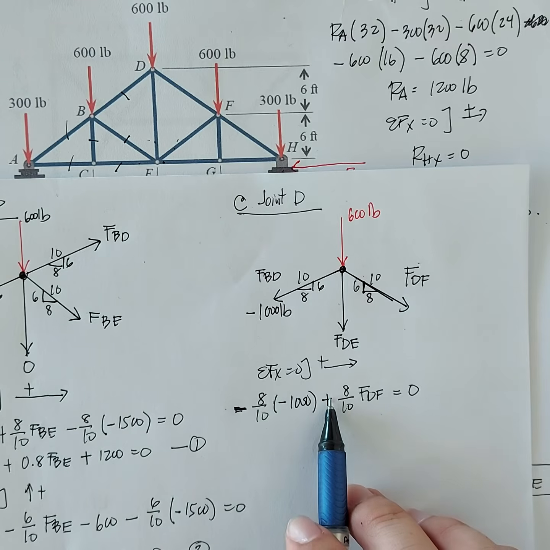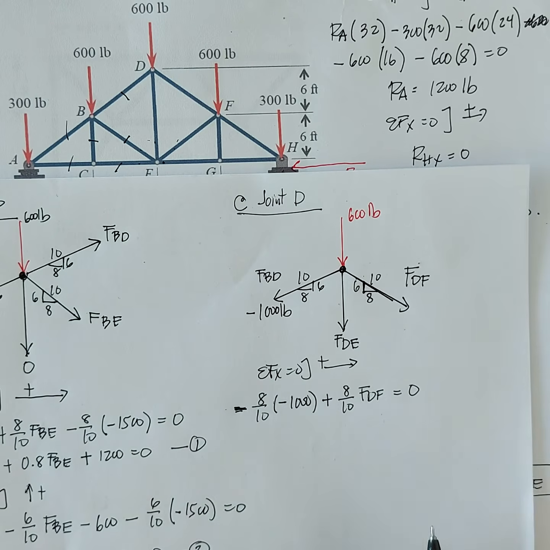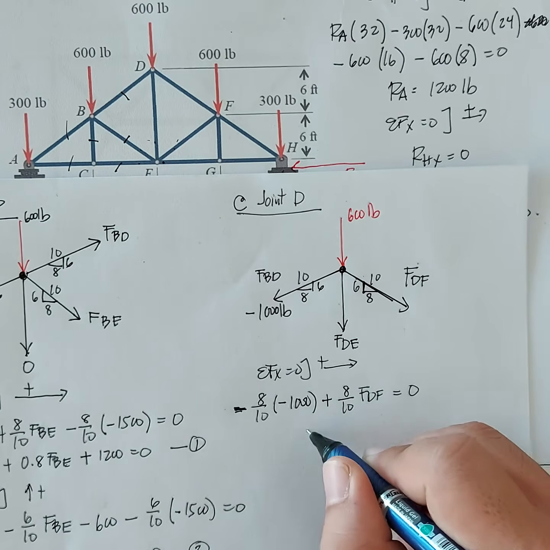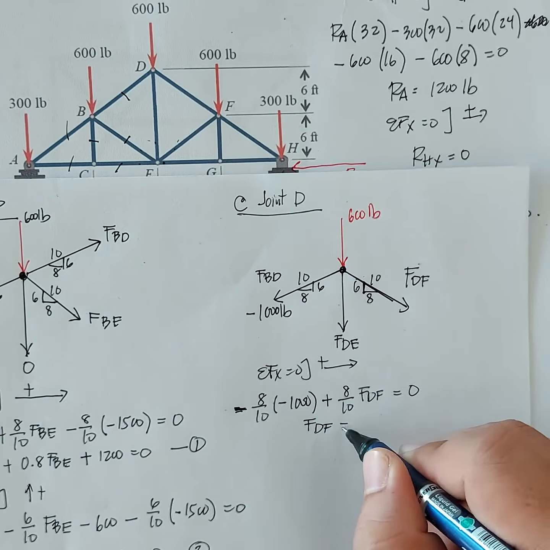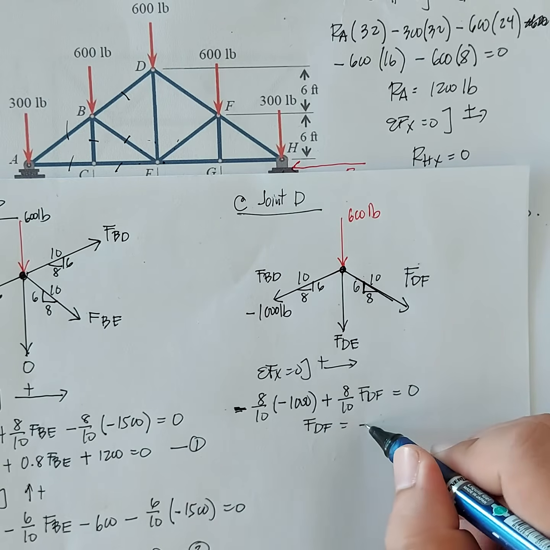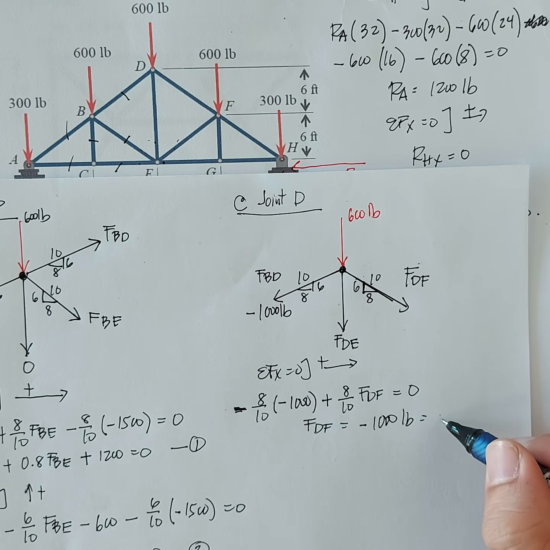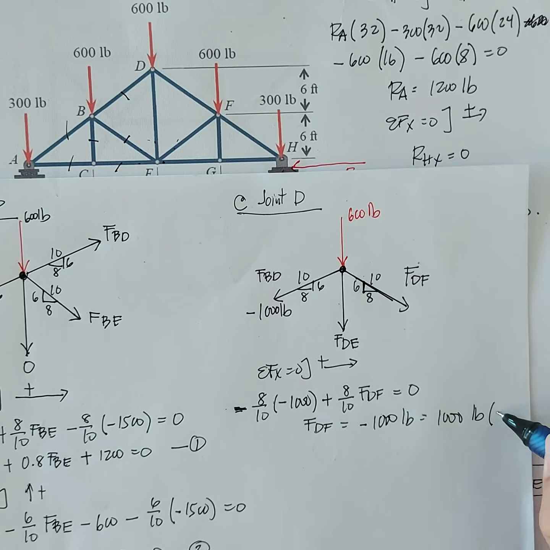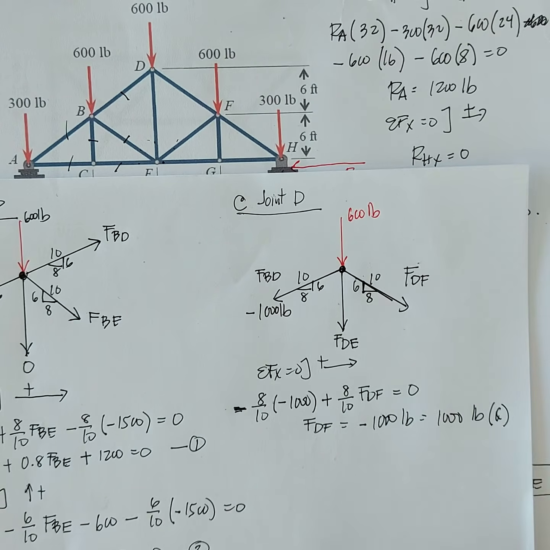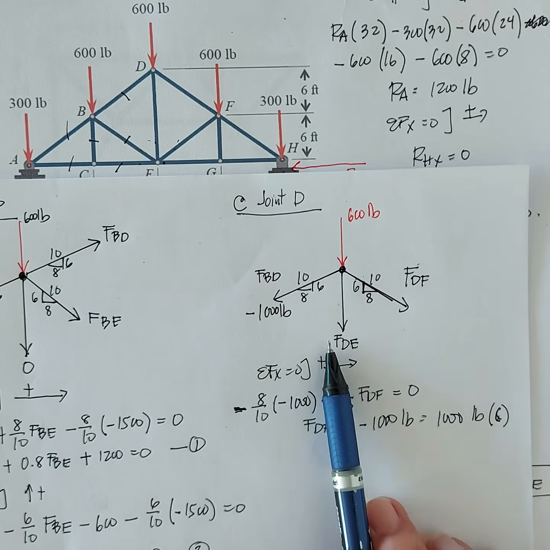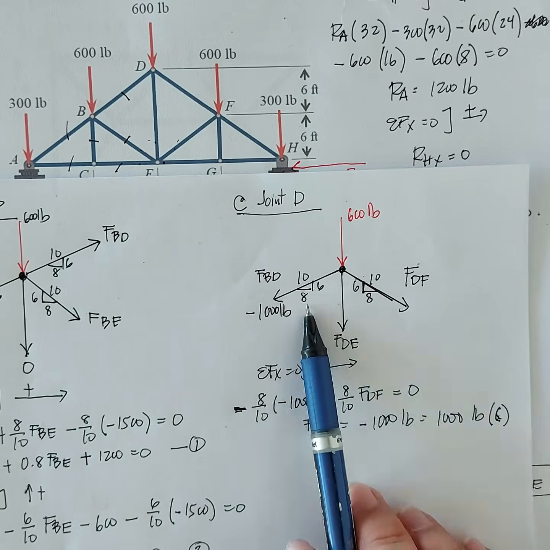So pag nilipat natin to sa kabila, positive na yan. Okay. So we cancel itong 8 over 10, 8 over 10. So FDF is equal to negative 1,000 pounds, which is equal to 1,000 pounds na compression. Okay, compression ito. Okay, so talagang parehas sila, no? Yung FBD and then FDF.